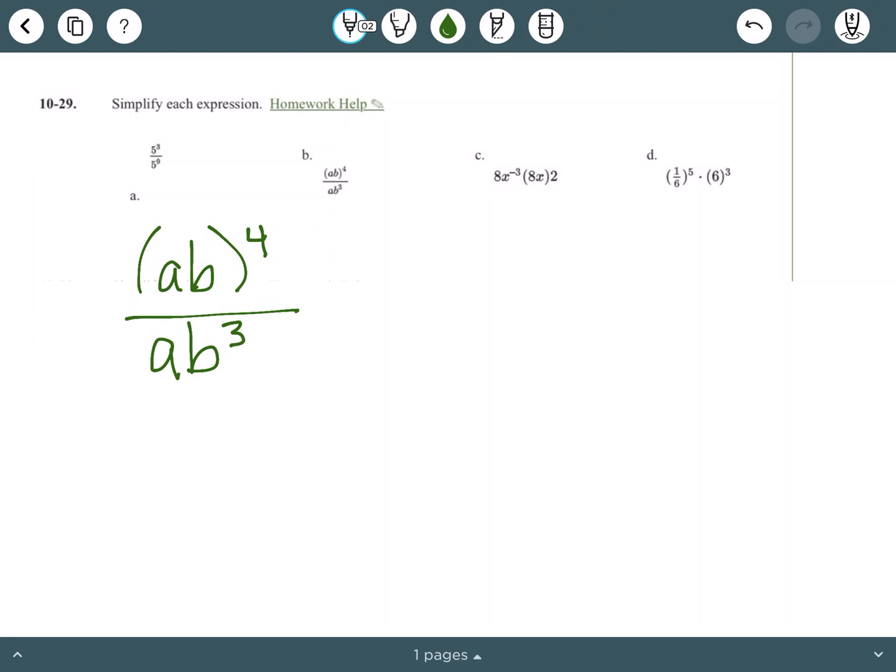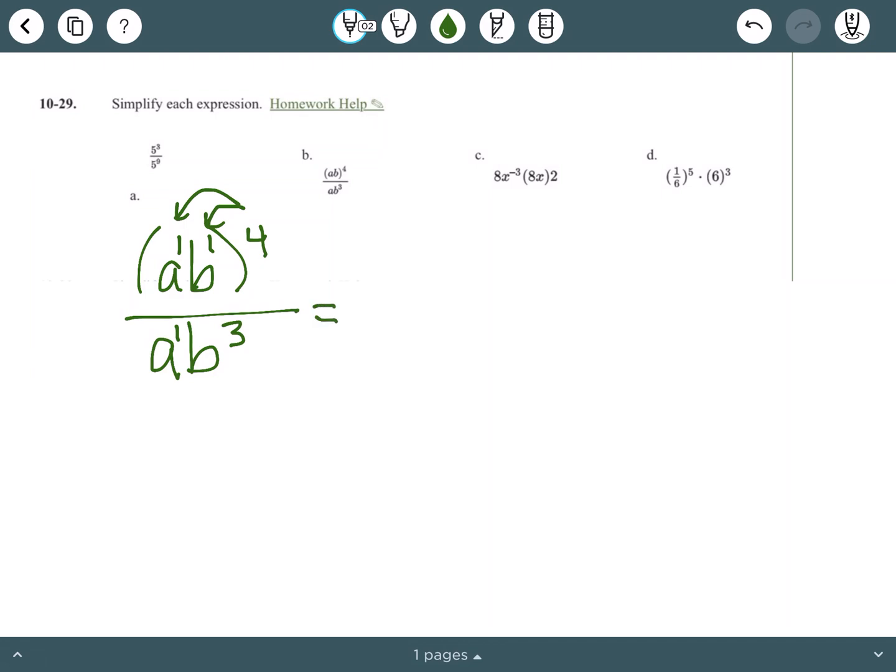So remember, if we're looking at the top, I have that 4 exponent, which is outside of my parentheses. And remember, even though my A and B don't have explicit exponents written in, it's technically A to the 1st, B to the 1st. And the same goes for this A down here. Now on the top, we have that 4 exponent outside of the parentheses, which tells us that it distributes to both exponents inside the parentheses.